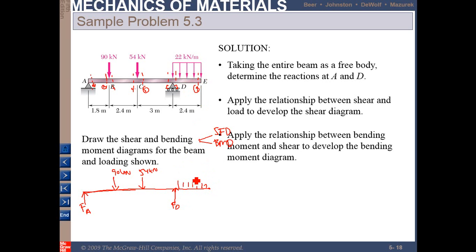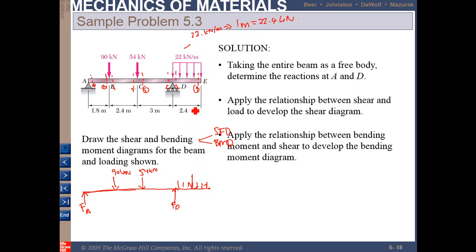So in which, this is acting in the middle, it is equal to 22 times 2.4, which is 22 kilonewton per meter. In every 1 meter it has 22 kilonewton.